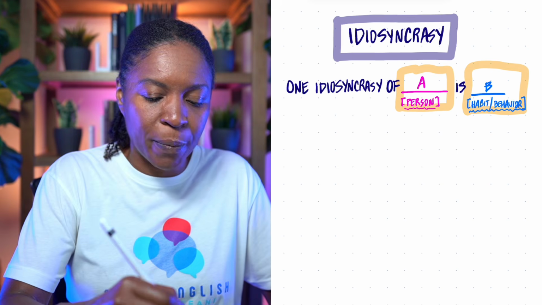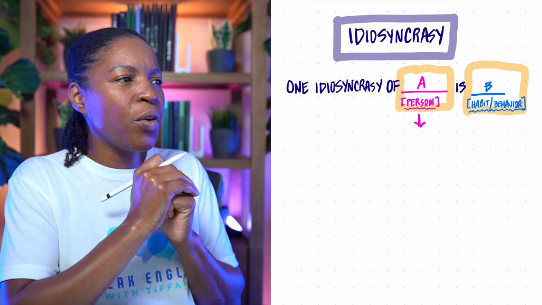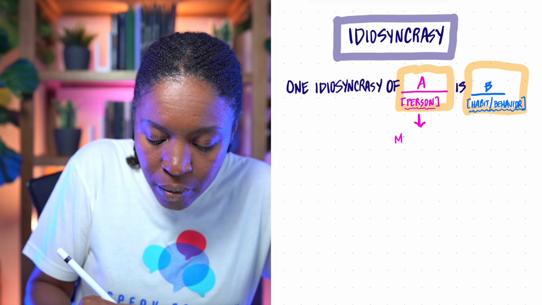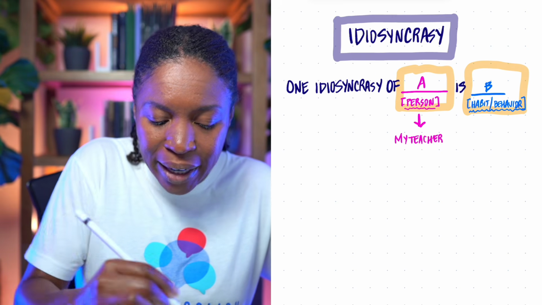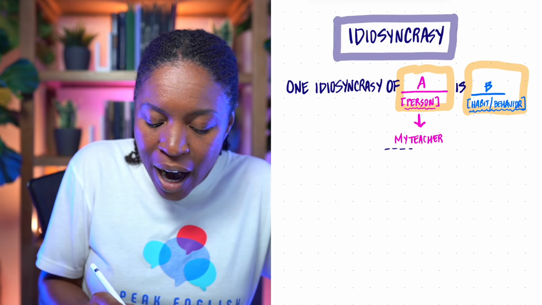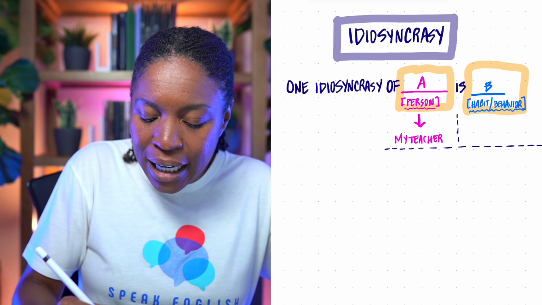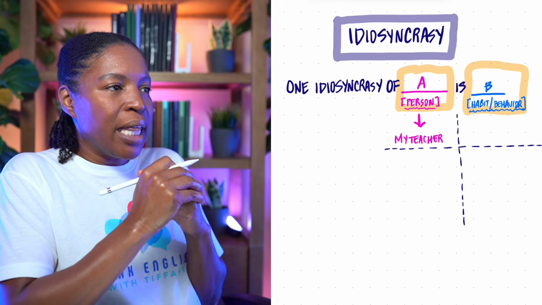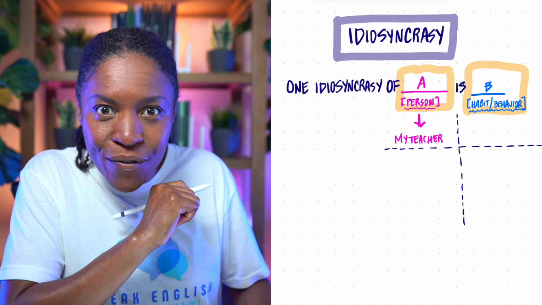All right, so let's get some examples to fill in the blanks to help you understand how to use this simple sentence structure. So for the person, I'm going to start with my teacher. All right, that's letter A. Now we're going to add letter B, which is a habit or behavior. So the habit is repeating the same joke every day.